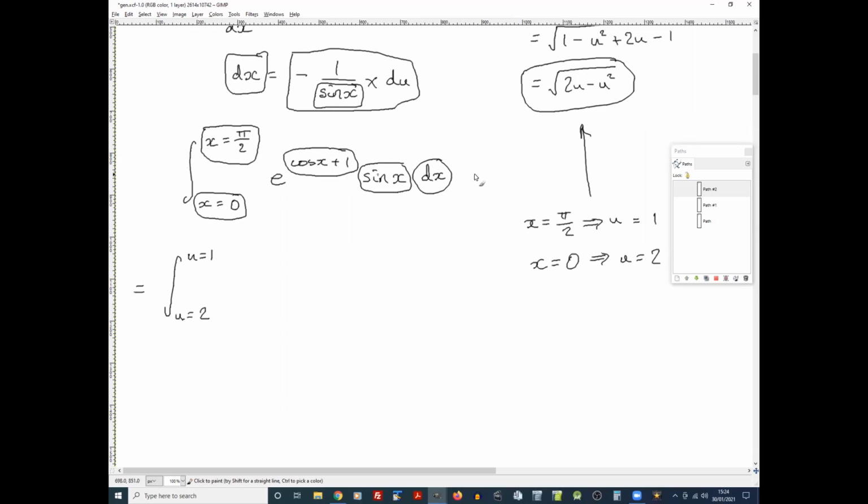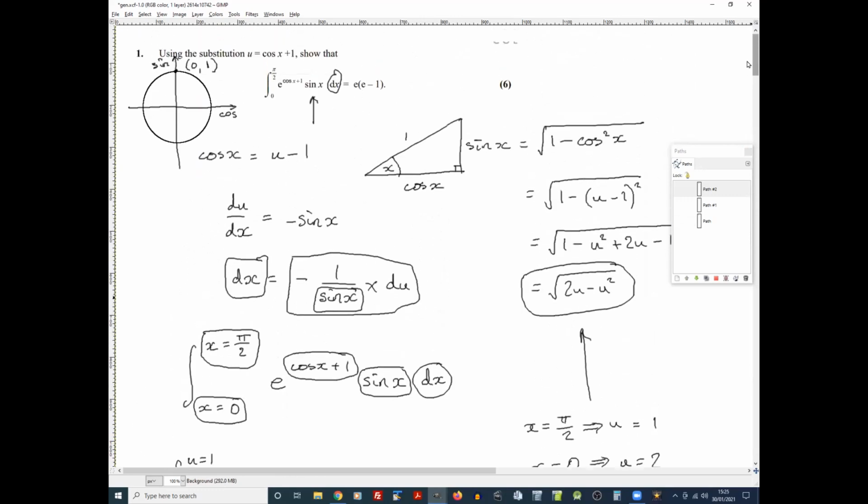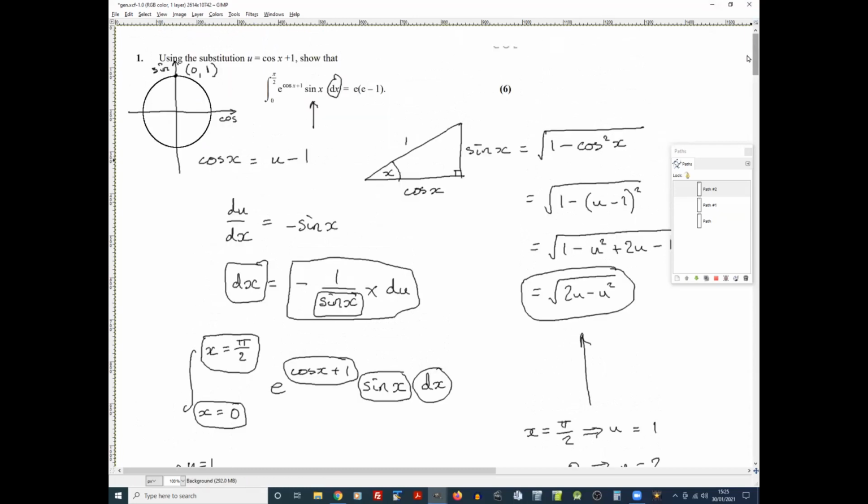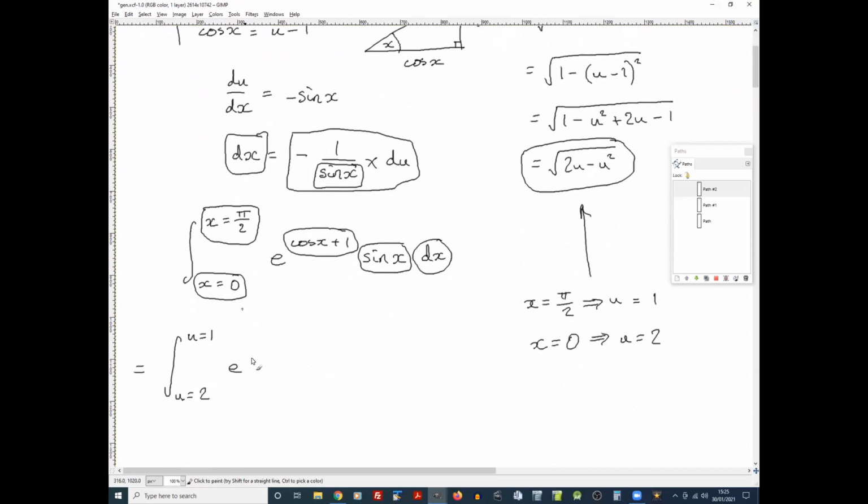But we can say this integral exactly equals this integral of e to the what? We got cos x plus 1, it's just u.